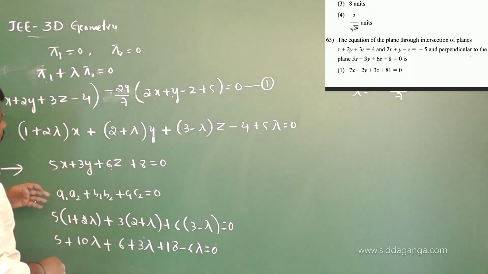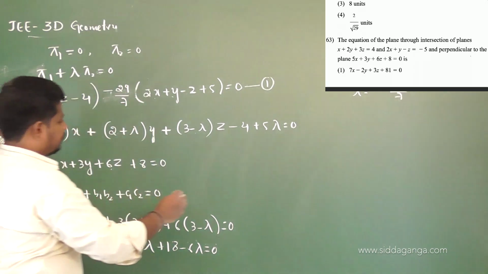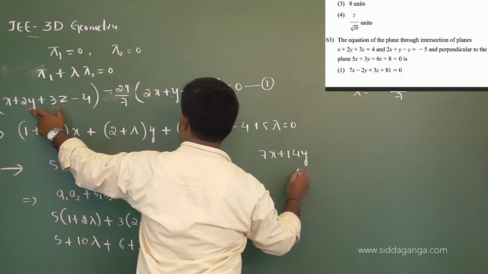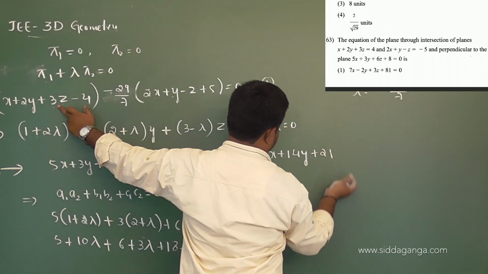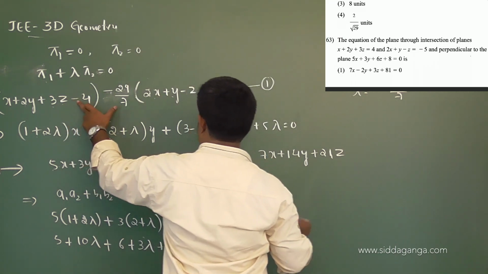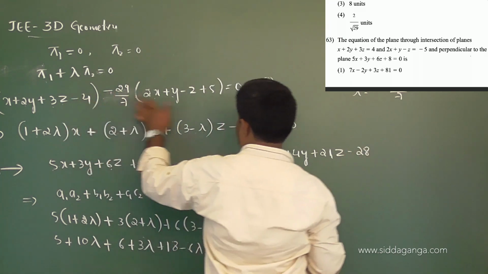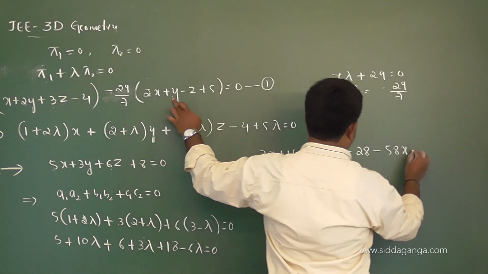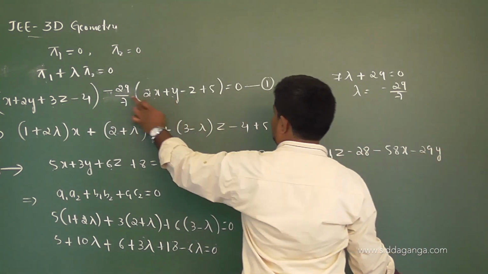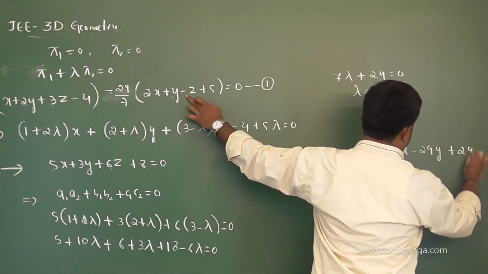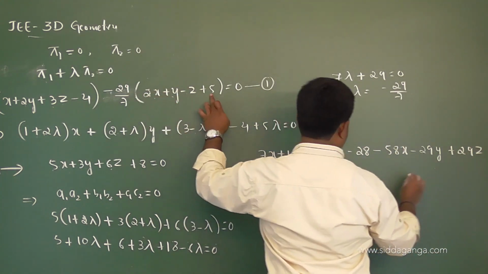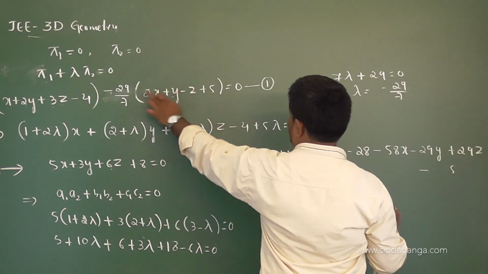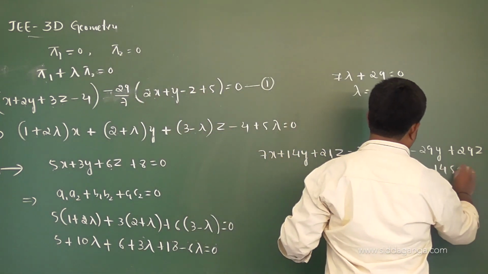So your required equation becomes what? 7 into this: 7x plus 14y plus 21z minus 28, and here minus 29 into this: minus 58x minus 29y plus 29z, and minus 5 2s are 10 plus 14, so 145, equal to 0.